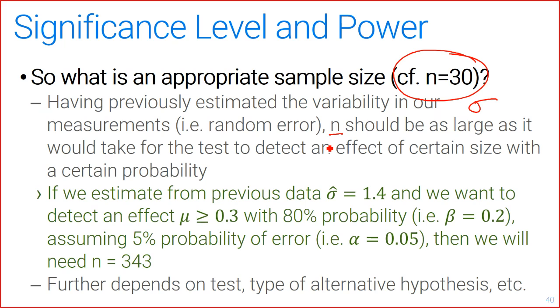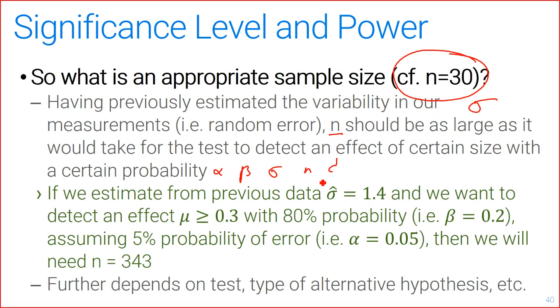So over here we have alpha, we have beta, we have sigma, we have n, and we have the effect size. You see, it's more complicated than just saying a number. It depends on what you want to test and under what conditions.